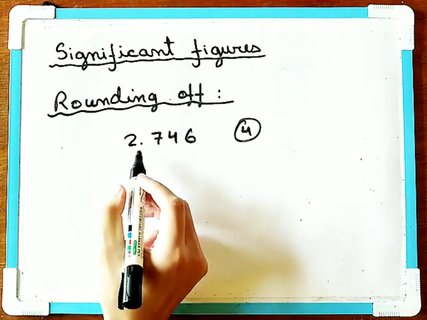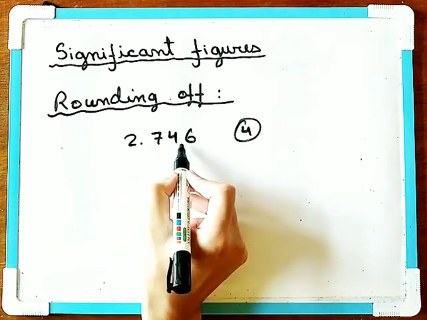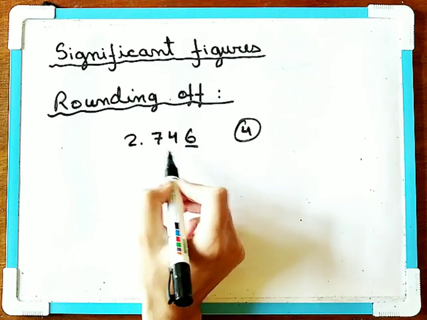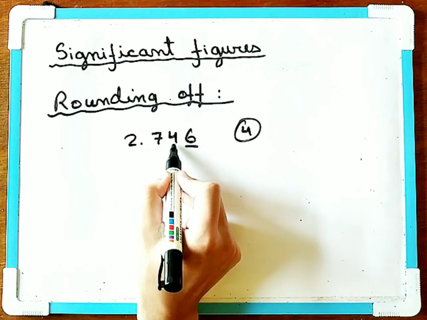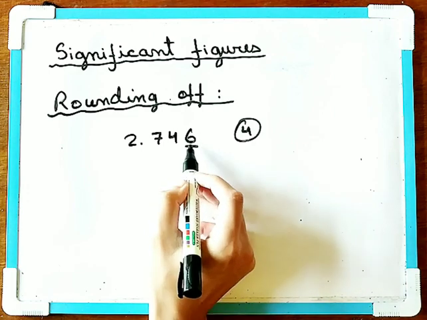If we round it off to 3 significant figures, we'll have to look at this digit here. So we have 1, 2, 3. We look at this digit here, which we have to round off.